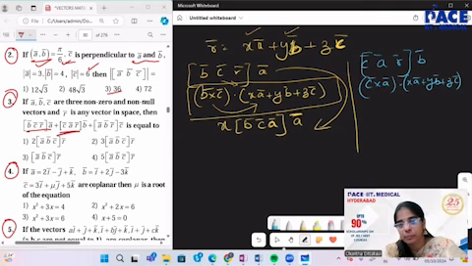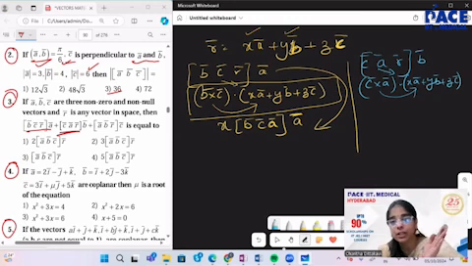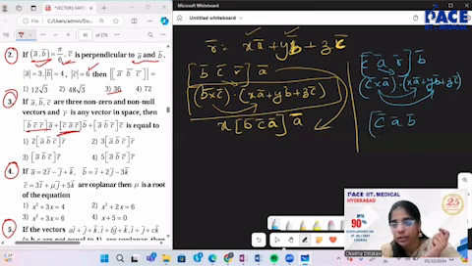This is my box expansion. Now C cross A dot XA, this is X times C cross A dot A. That is CAA, hence its result is 0. Now I'm going with this CAB. Yes, I will get this box CAB with Y there, along with the vector B here.